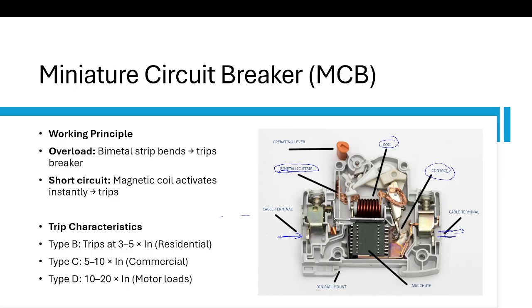So under short circuit, the current becomes very high, and the strong magnetic field pulls the iron plunger rapidly, and this trips the mechanism immediately. So this is the mechanism by which it trips in a short circuit.